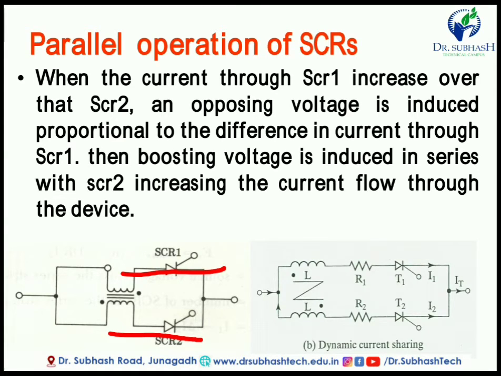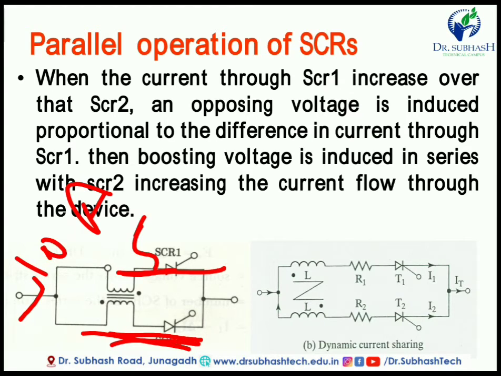are equal. Suppose our current is 10 ampere, then two paths are available for the current to flow, and 5 ampere flows in SCR1 and 5 ampere flows in SCR2.